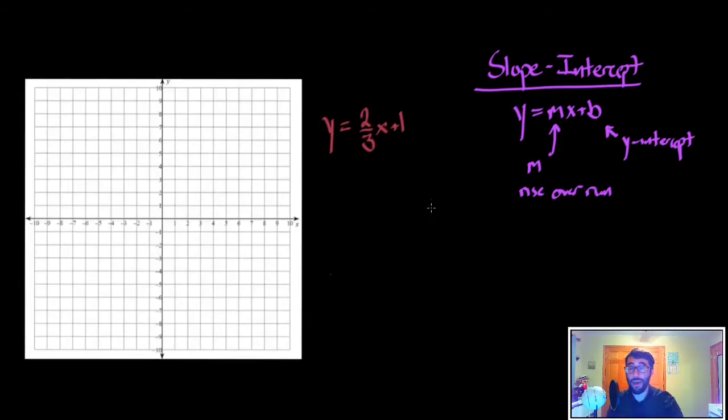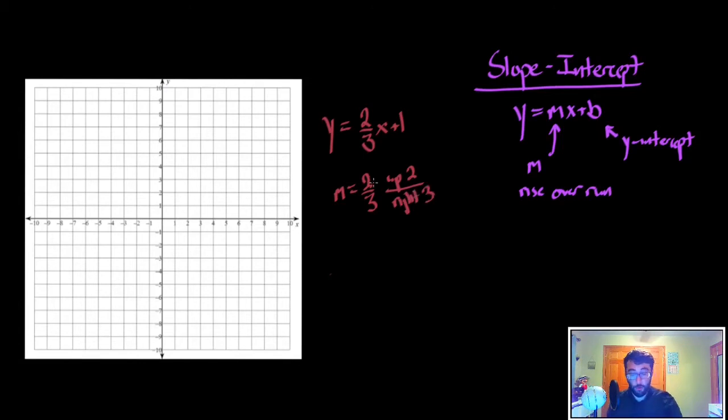So let's take a look at an example. I have y equals 2/3 x plus 1. Now I'm going to walk us through this. In slope-intercept form, the number that is multiplying x is the slope. So this 2/3 is the slope, and slope is rise over run. So the 2 represents the rise, so we will be going up 2, and the denominator is the run, so we will be going to the right 3.